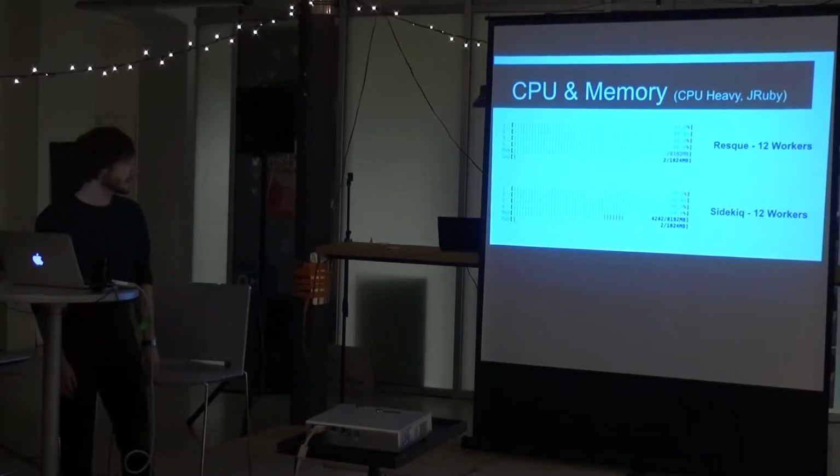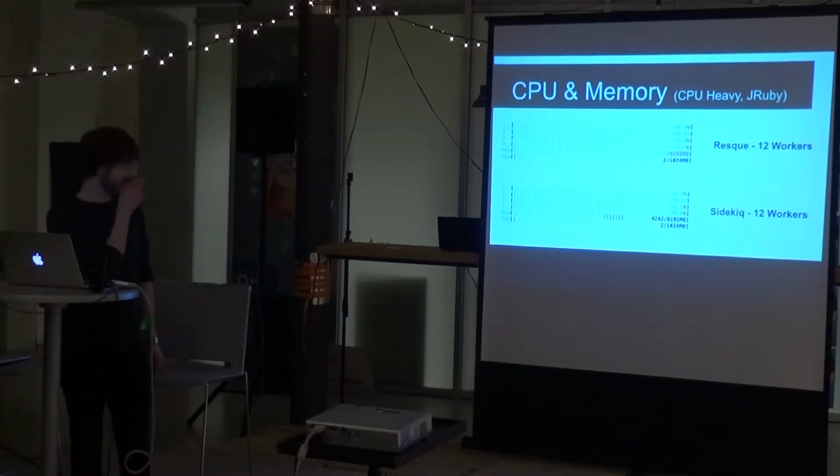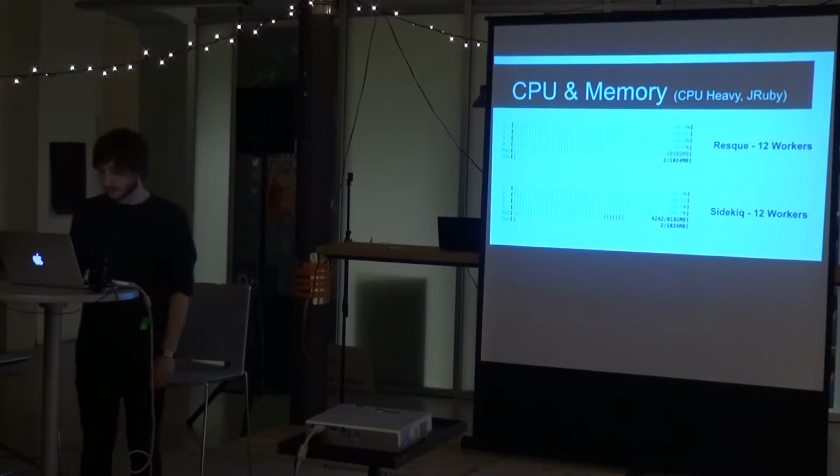Now look at how well Sidekiq can utilize CPU cores, because it uses native threads on JRuby, so now this is true parallelism. And also look at how much smaller the memory footprint is, which is a total win right now.